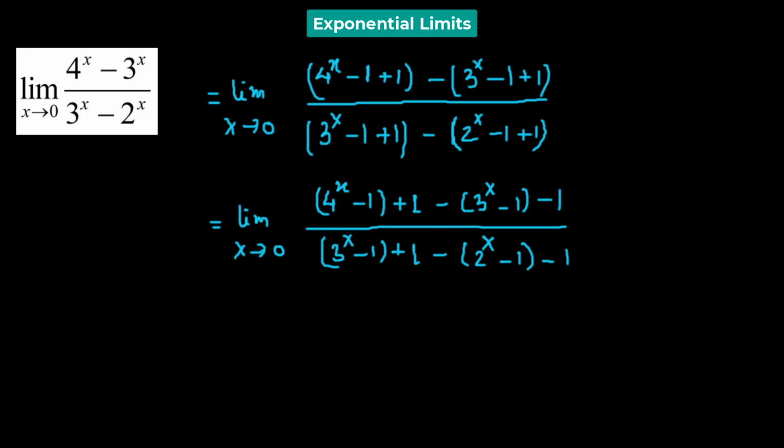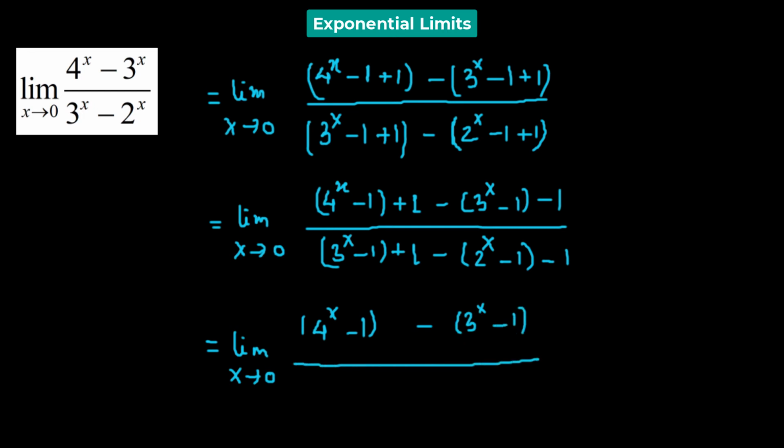Now we can cancel out the 1 and negative 1 in the numerator as well as in the denominator, and that leaves us with 4 raised to the power of x minus 1 minus 3 raised to the power of x minus 1, divided by 3 raised to the power of x minus 1 minus 2 raised to the power of x minus 1.